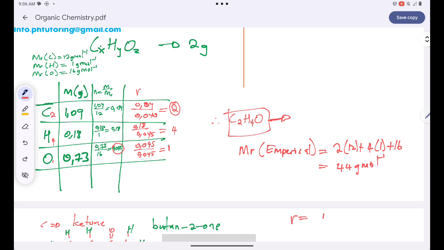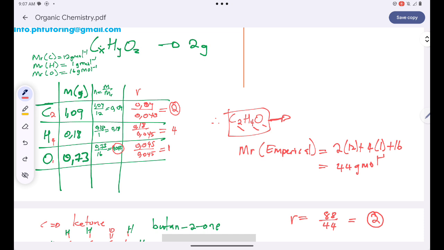I'll just say the molar mass of the empirical formula divided by that of the molecular formula. No, excuse me, guys, it's vice versa. The molar mass of the molecular formula divided by that of the empirical formula. I'll simply get 2. After finding this 2, I will multiply my subscripts by the 2 to get my molecular formula.